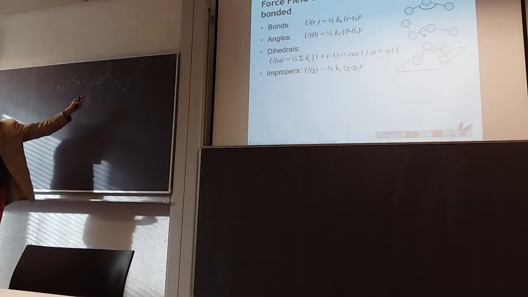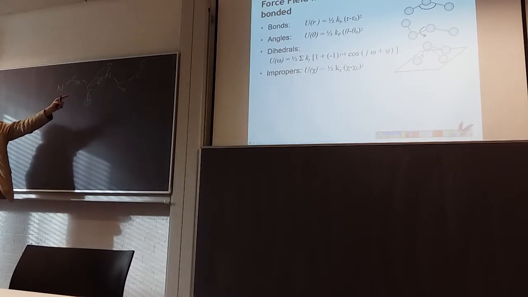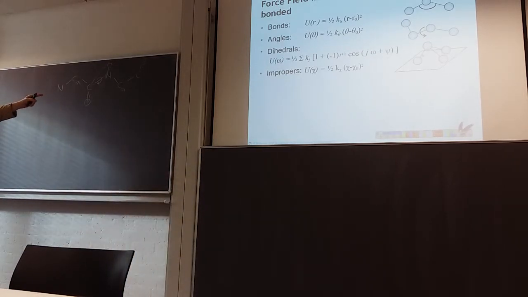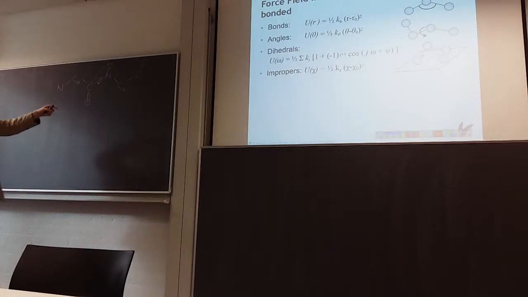But in the simulation, it doesn't just get 180 degrees magically. You have to put it there. So you put a dihedral on this plane to make it 180 degrees. So this is still sort of a proper dihedral in the sense that it is linked to a bond.